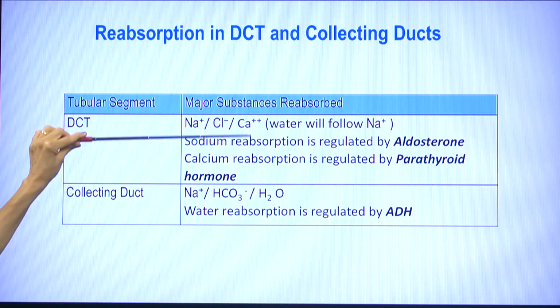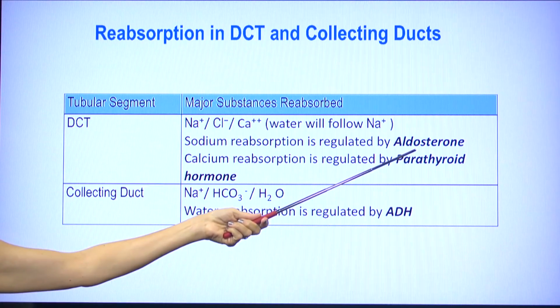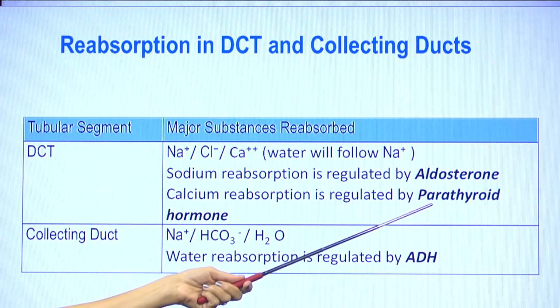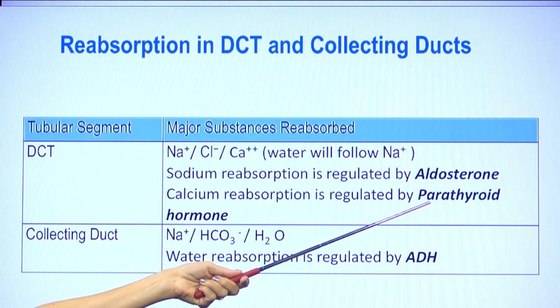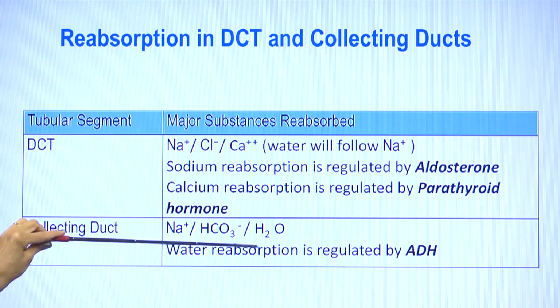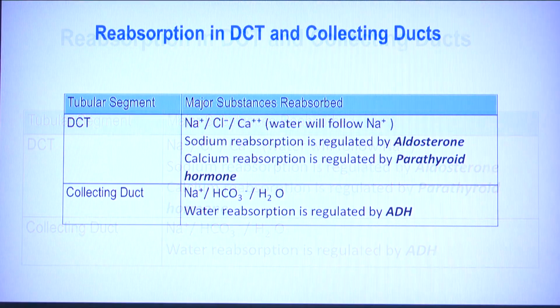How much is reabsorbed of sodium is regulated by aldosterone, and calcium reabsorption is also regulated by the hormone parathyroid. In the collecting duct, we absorb some more water, bicarbonate, and sodium. And remember, water reabsorption is regulated by antidiuretic hormone.